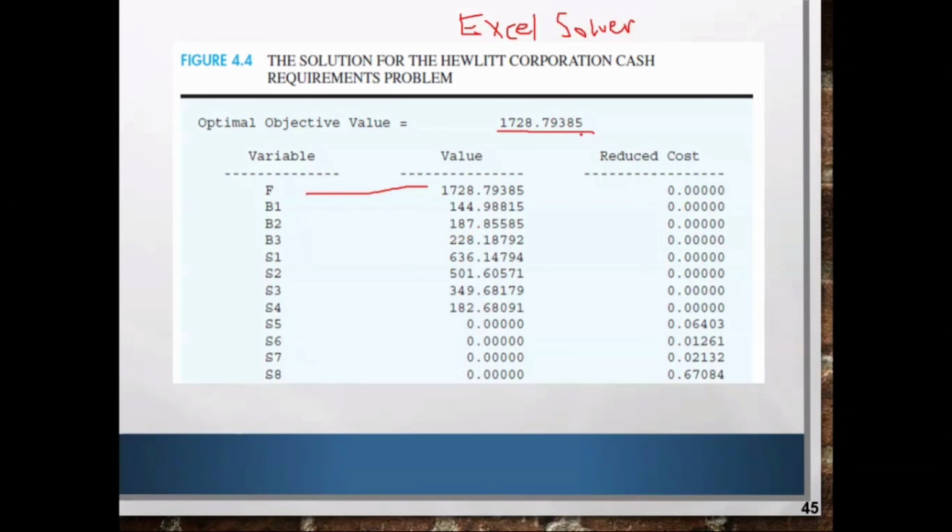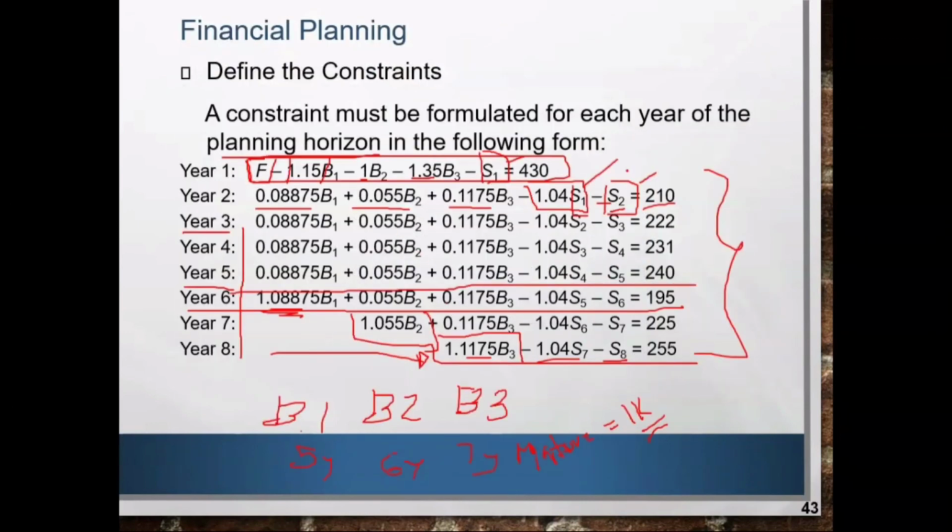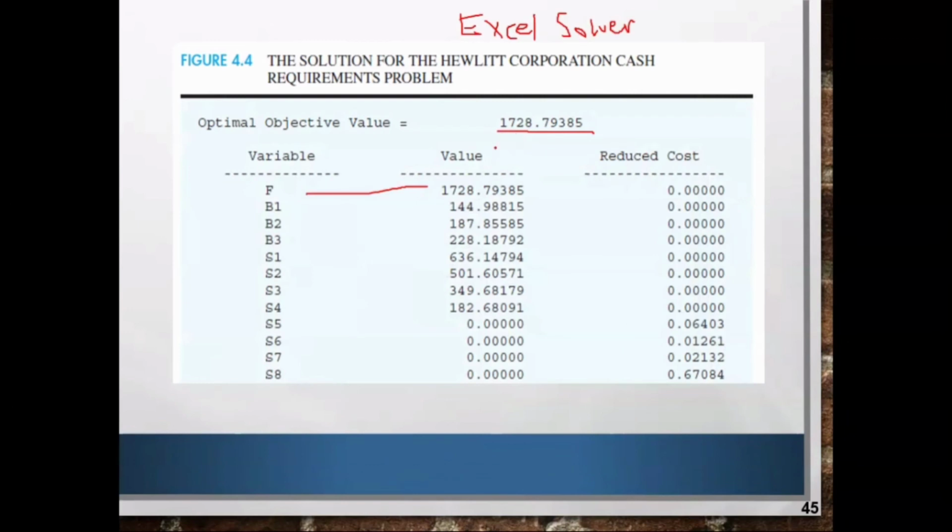But don't forget that since the values were moved by 3 decimal places, we should move them back by 3 decimal places. So here, don't forget, we also have the bond 1 value, which is 144, bond 2, 187, bond 3, 228, and S1, which is 636.